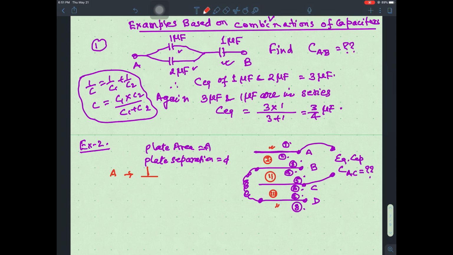And for plate B, both sides are being used, so we will represent plate B by this symbol. If two sides are used, we will use this symbol. If a single side is used, we will use this symbol.